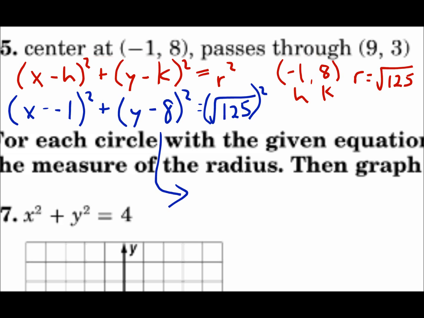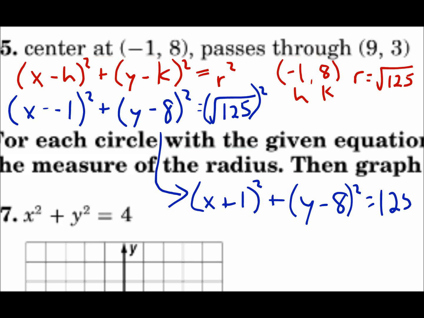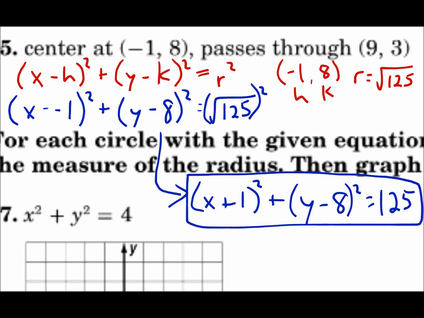We'll simplify down here. x minus negative 1 becomes x plus 1. Always simplify your double negatives there. y minus 8 stays the same. And the square root of 125 squared, you don't even need to punch that in. The square cancels out the square root, giving you 125. So when you know the center and a point the circle passes through, use the distance formula to find r.